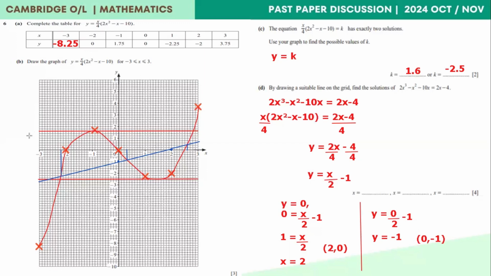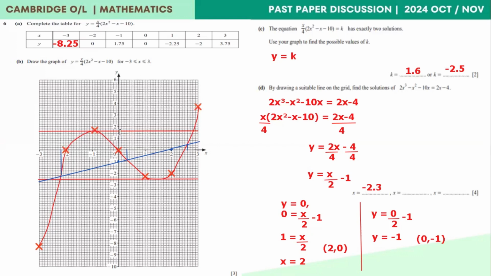So according to this, the value is going to be minus 2.3. So x equal minus 2.3 is going to be our answer.